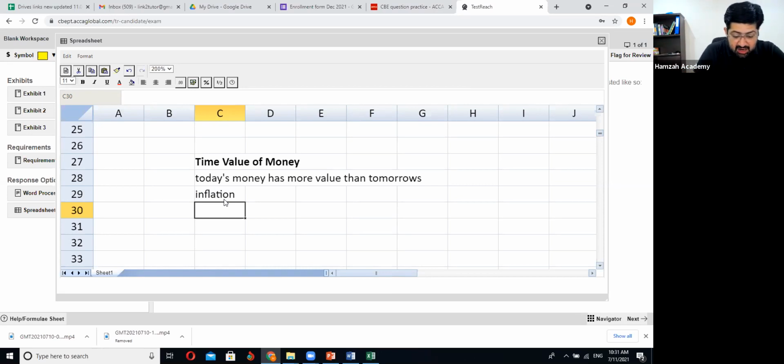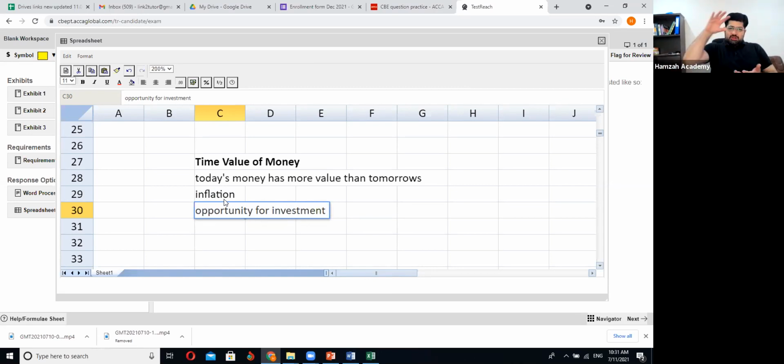The second, opportunity for investment. If you are given 1,000 rupees today, you can invest and make it double by tomorrow. But if you are getting it tomorrow, that will be 1,000 only.